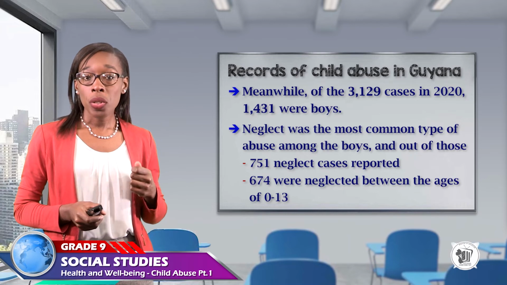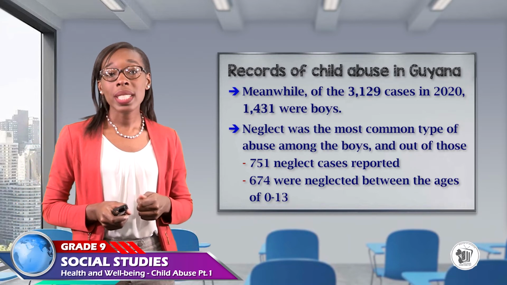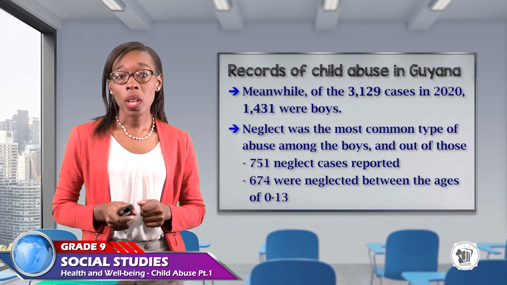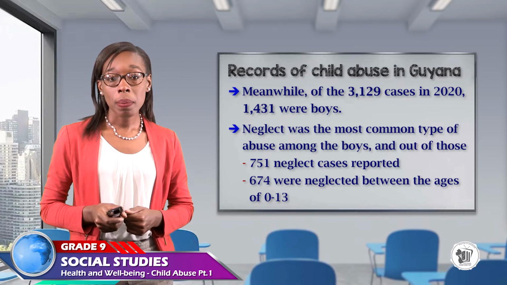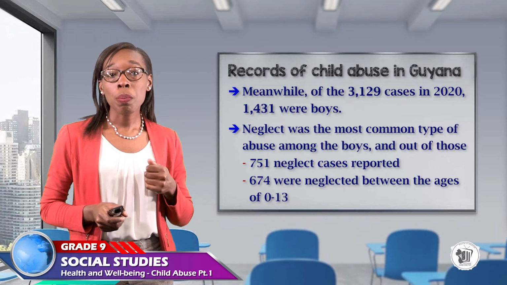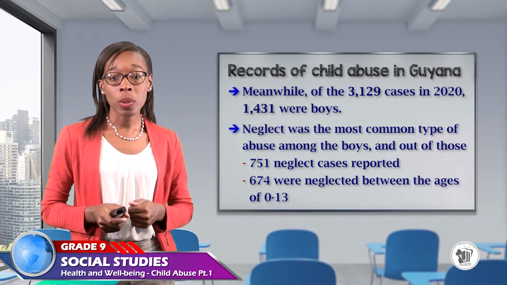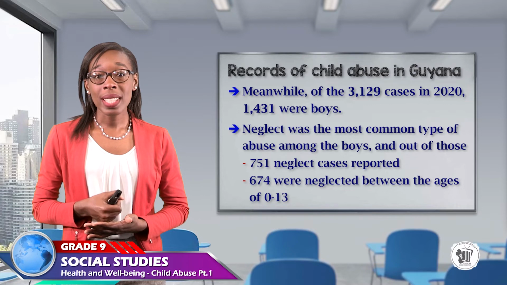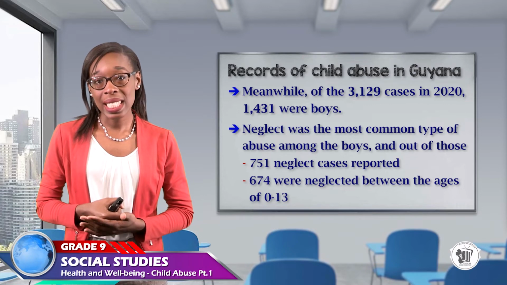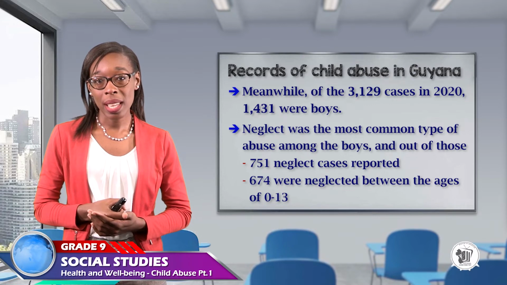Meanwhile, of the 3,129 cases in 2020, 1,431 were boys. Neglect was the most common type of abuse among boys. 751 cases were neglect cases for boys in 2020.